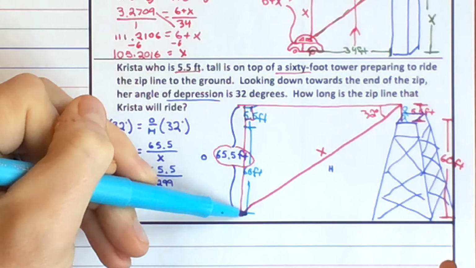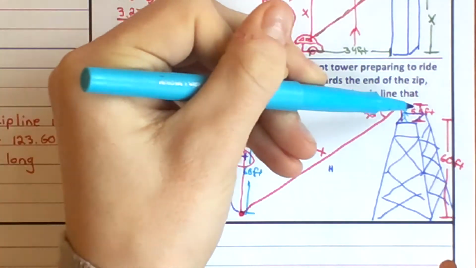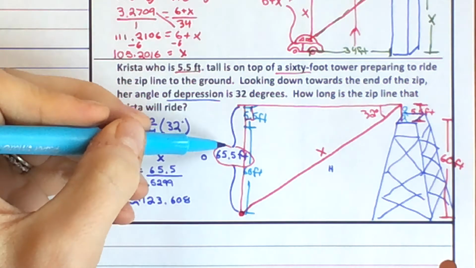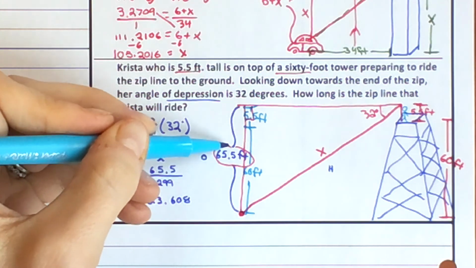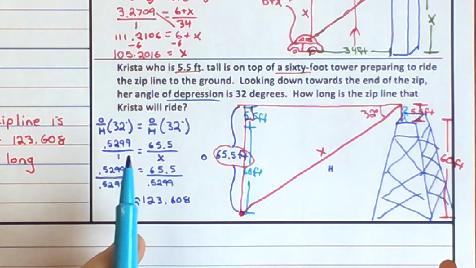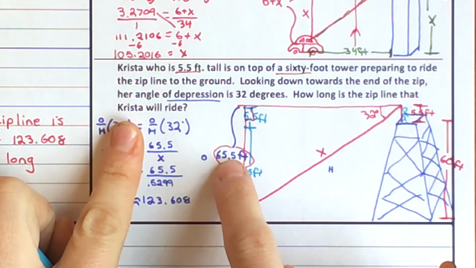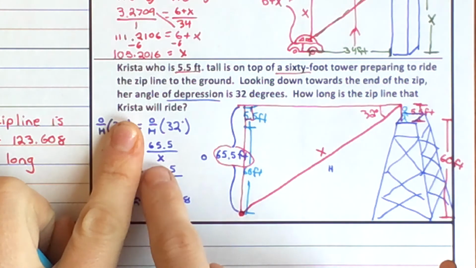So 60 plus the 5.5 of the person, when I put these two together, that gives me 65.5 feet for my opposite. So my triangle O over H, opposite over hypotenuse, right here.